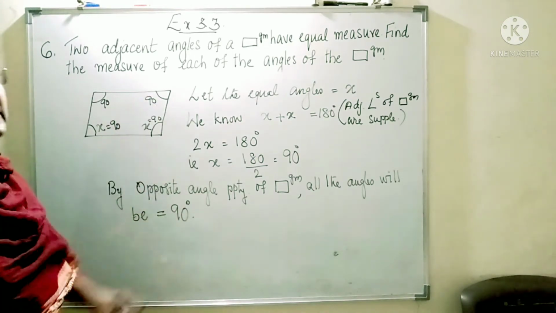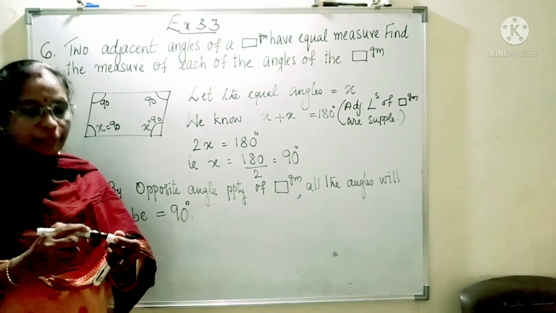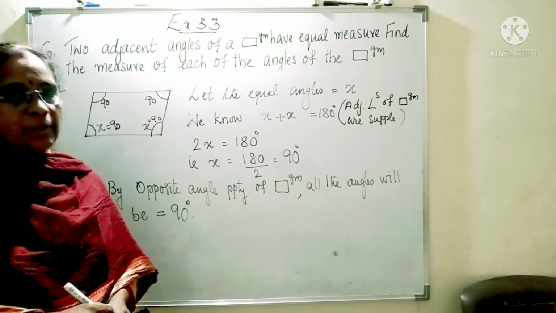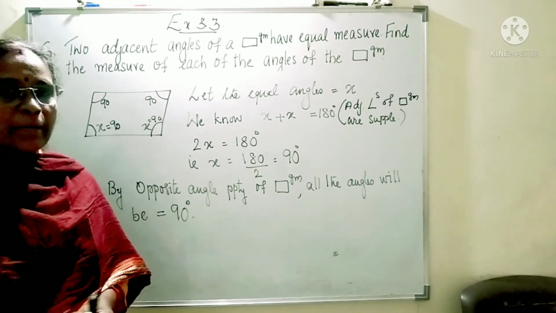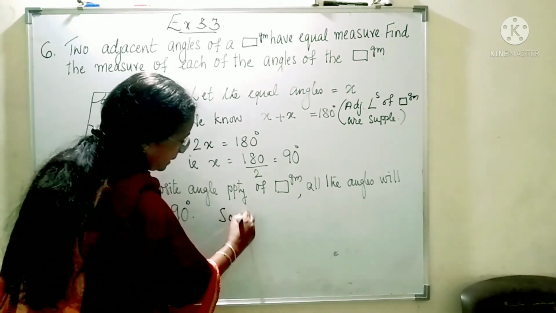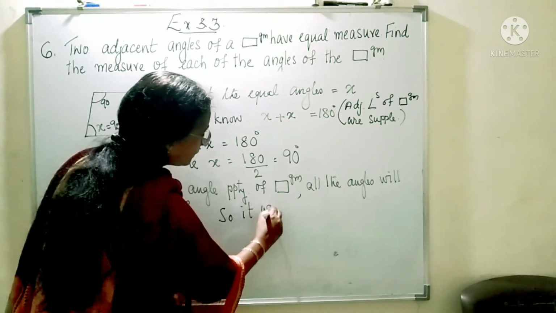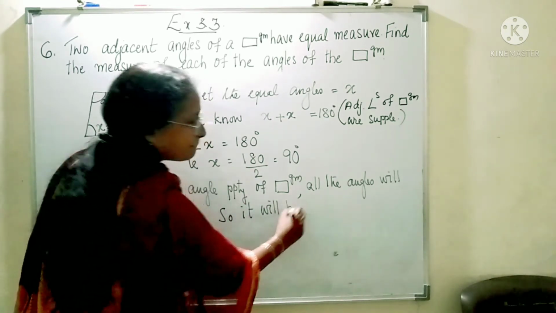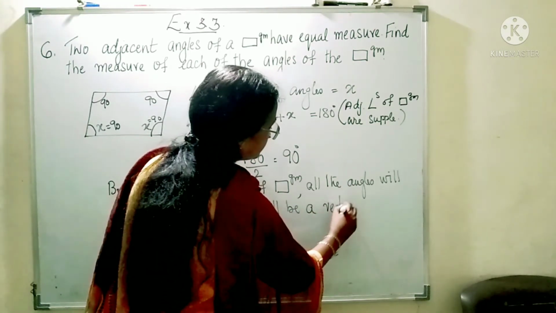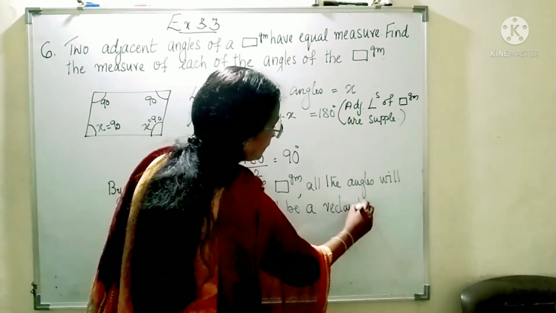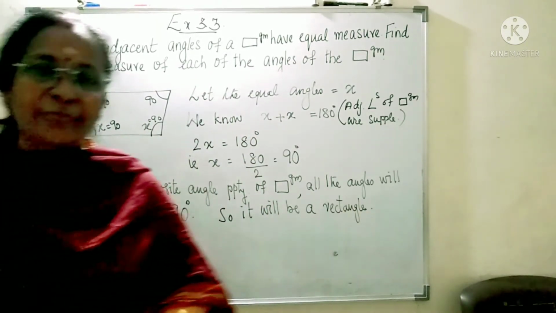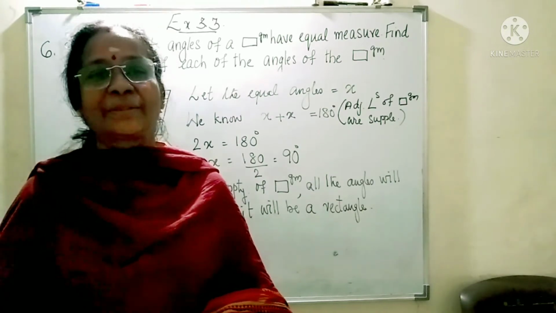Now if all angles are 90 degree, which type of quadrilateral or which type of parallelogram will it be? It will be a rectangle. This question is not asked, but just for your information.